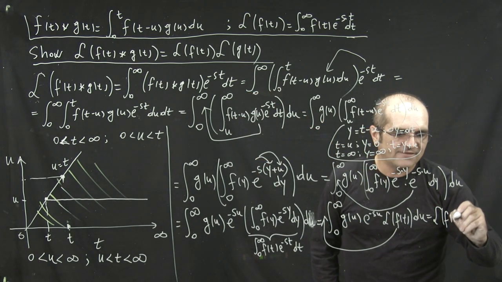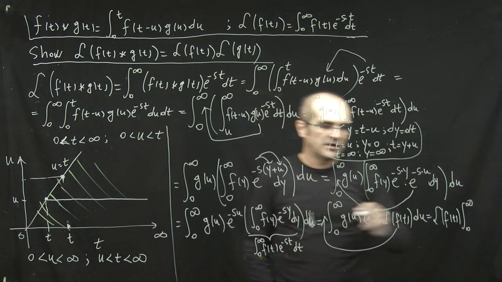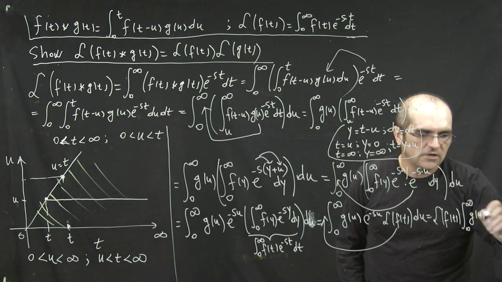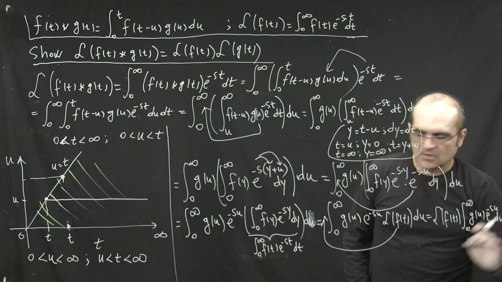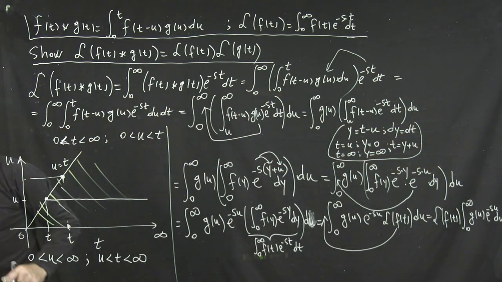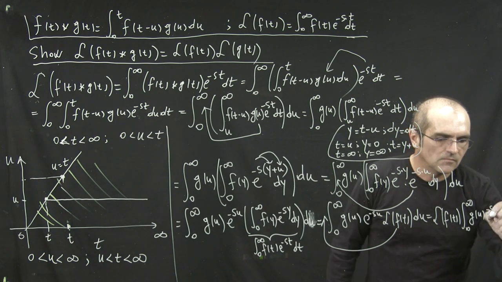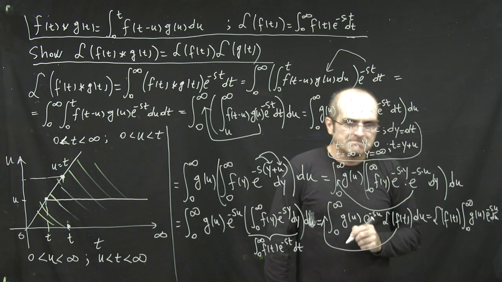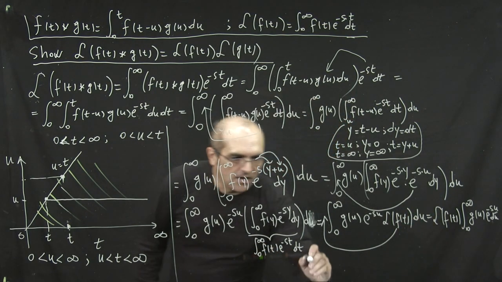and what's left is nothing but the Laplace transform of the other function, if you look carefully: g of u e to the minus su, with u between 0 and infinity. And again, you could change that to t.